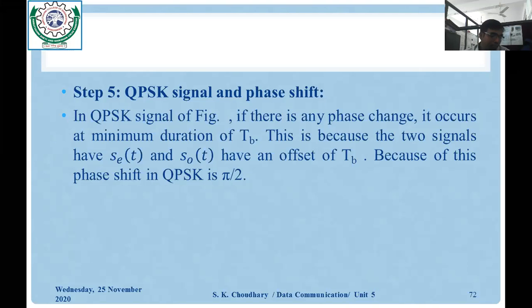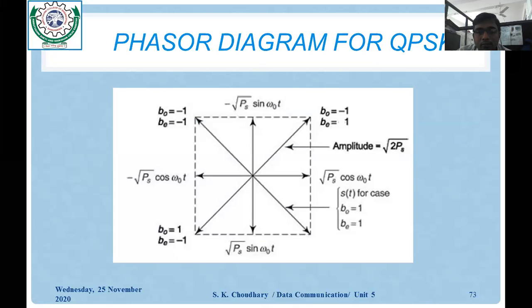Because of this, the phase shift of the QPSK is actually pi by 2 for every Tb seconds. So this is for the generation of the QPSK signal. You can see the phase shift by this phasor diagram as well.